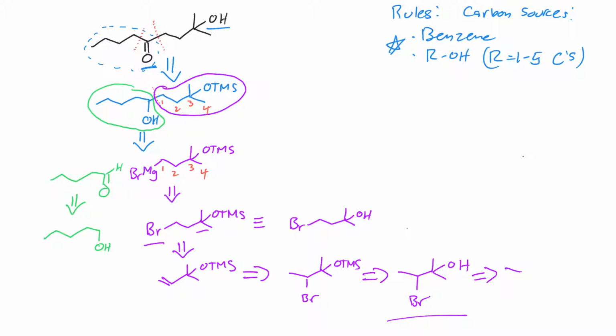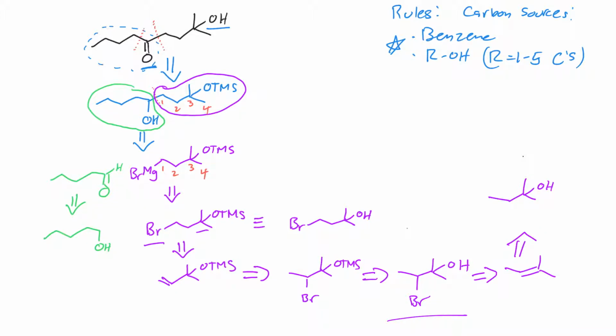So if I have an alkene between the Br and the OH, I can add Br2 and H2O, and that will allow me to put the OH on the more substituted carbon. I still haven't followed the rules because this needs to come from an alcohol, but I could put my alcohol in that tertiary side. I could do an elimination to form the alkene, and then I could add everything.